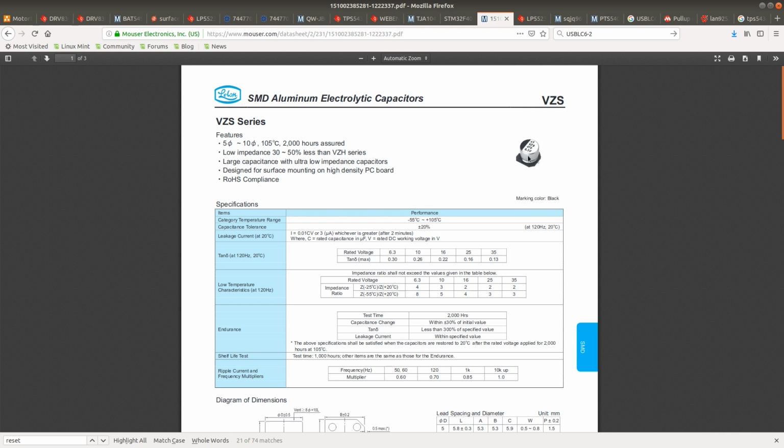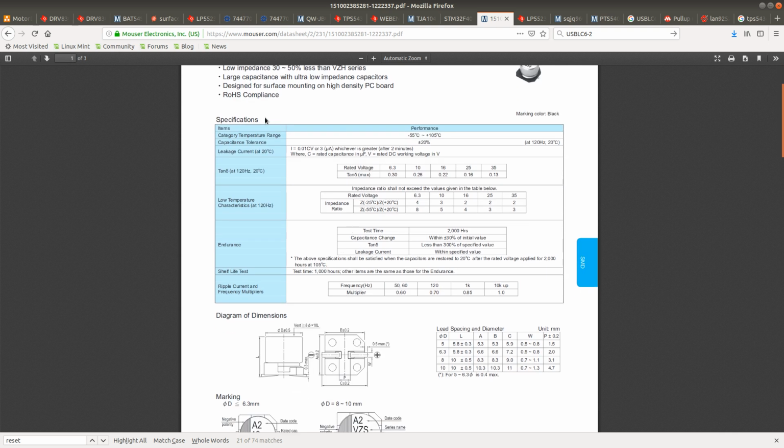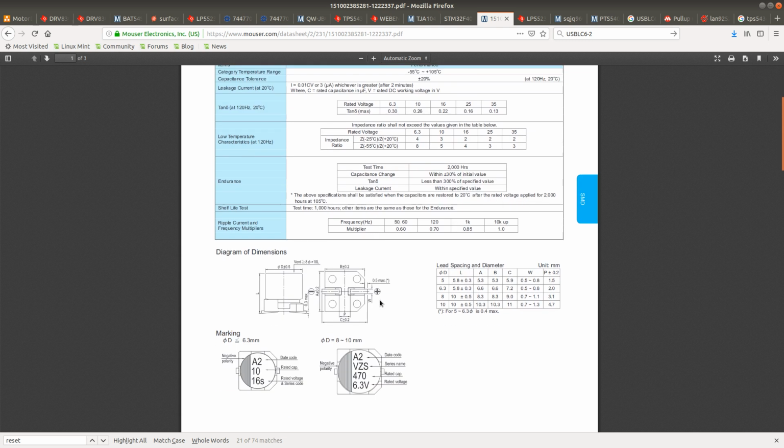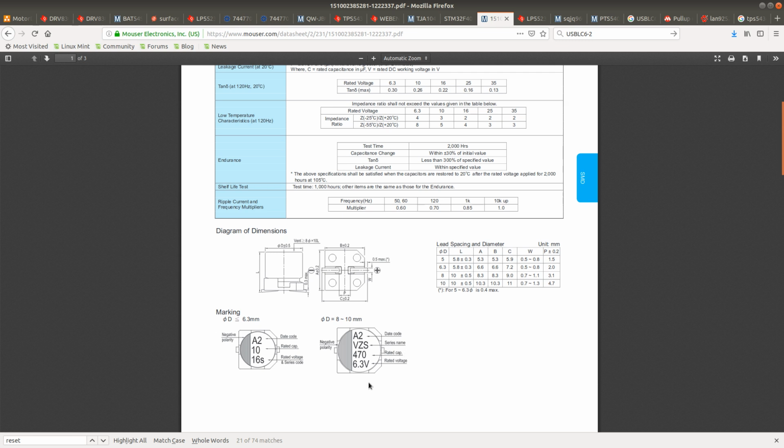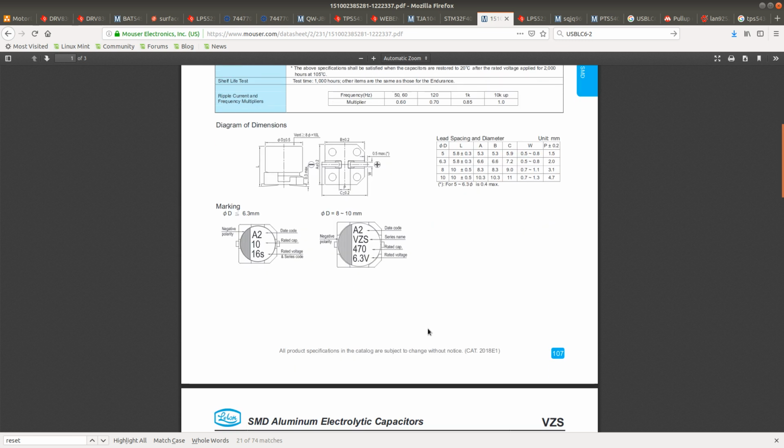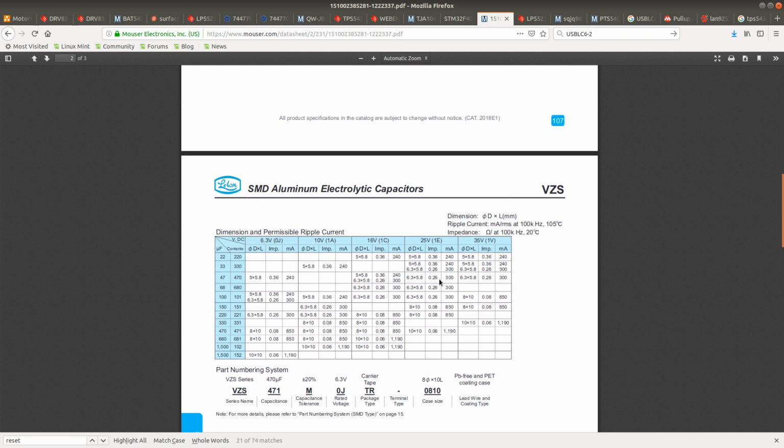This is an electrolytic capacitor. Let's see. I think it's an aluminum capacitor, but yeah, it is an aluminum capacitor, and the ESR, maybe it's not specified. Let's see what it says. Series, rated voltage, the ESR.